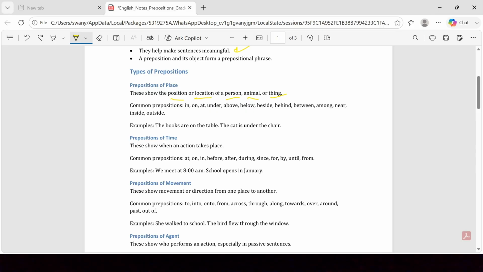Examples: we meet at 8 a.m. Schools open in January.